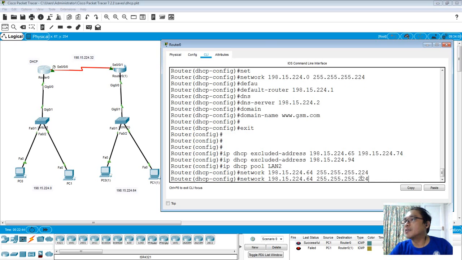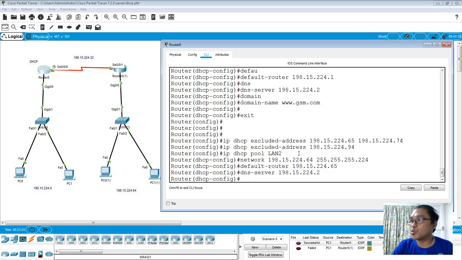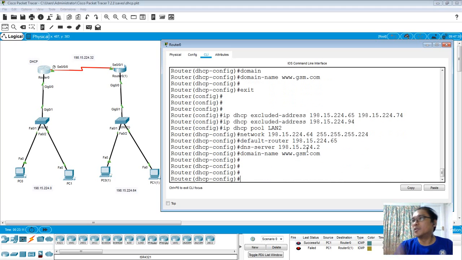Okay, the default-router will be the gateway of the next network here, the 64 network, which is the 65. Okay, we also have to put the DNS server that points to that address, and the domain name of gsm.com. So those are the commands.